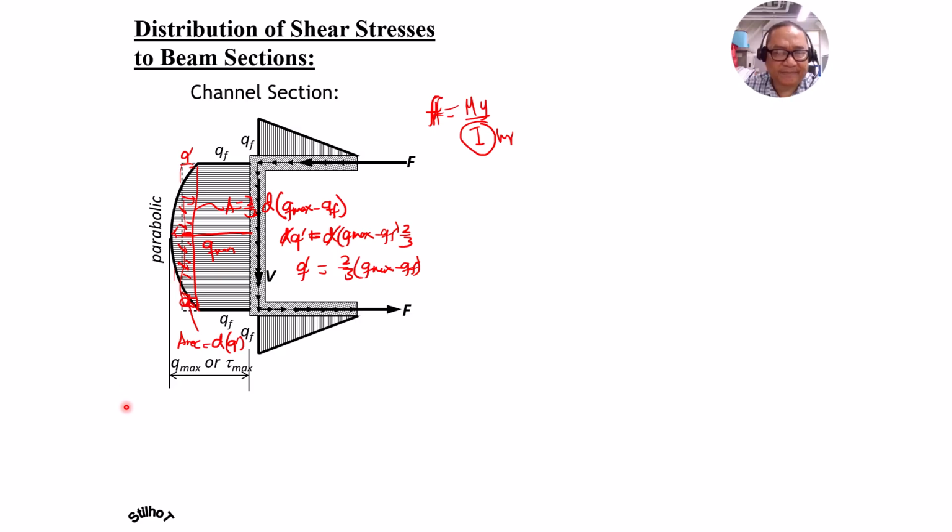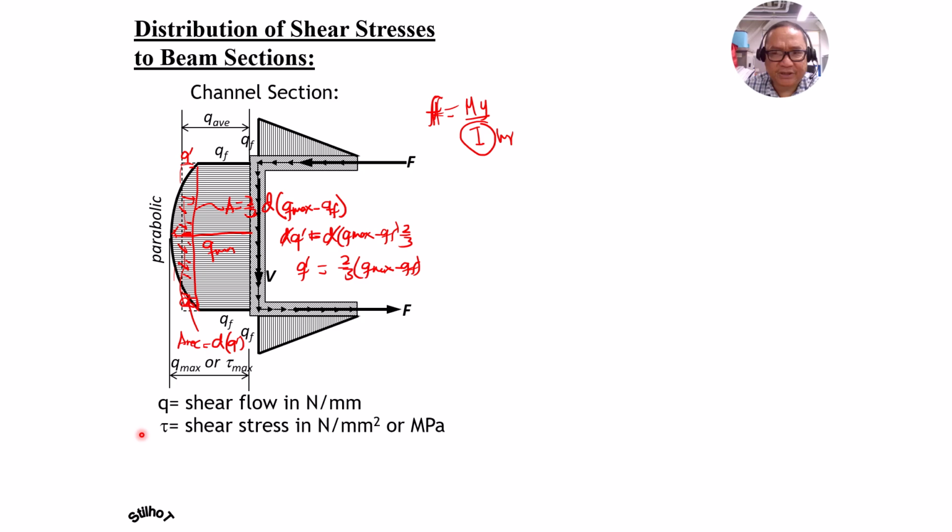And we have here Q average, the designation. Q is shear flow in newtons per mm, tau is shear stress in newtons per mm squared or megapascals. Then we have here the dimension, which is denoted by BF for the flange of the channel, and the distance between centroids is denoted by D, although the depth supposedly is the overall height of the channel.